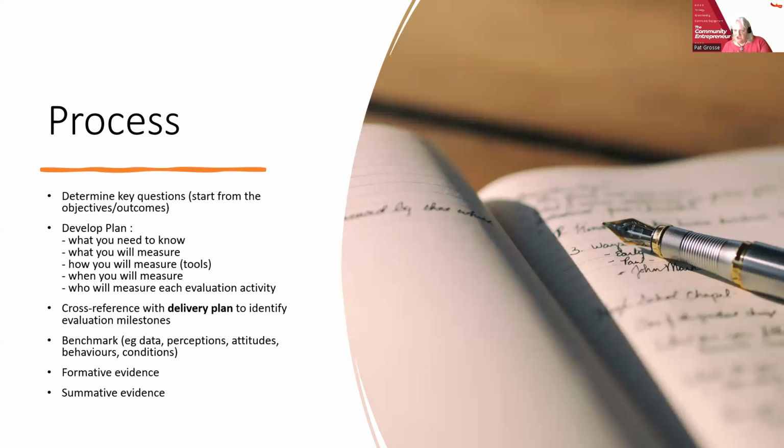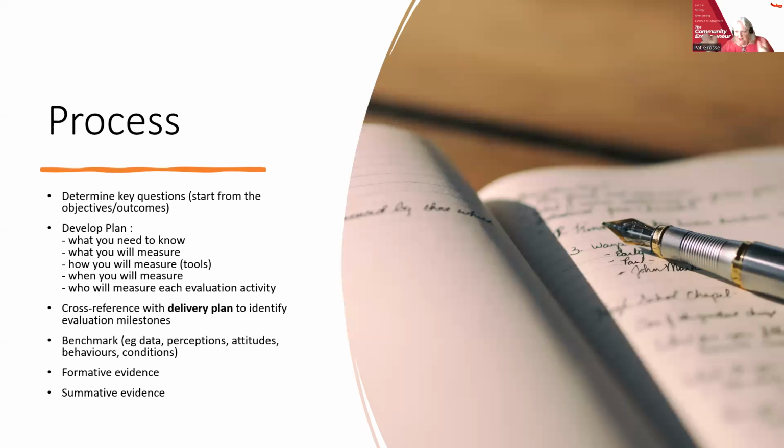What you need to know. That's the question you want to know from those questions. So if you want to know that result, then you need to know what you will measure, how you will measure, and when you will measure. Because if I remember saying, it's a systemic approach. And it maps to the next dot point, which is a delivery plan.